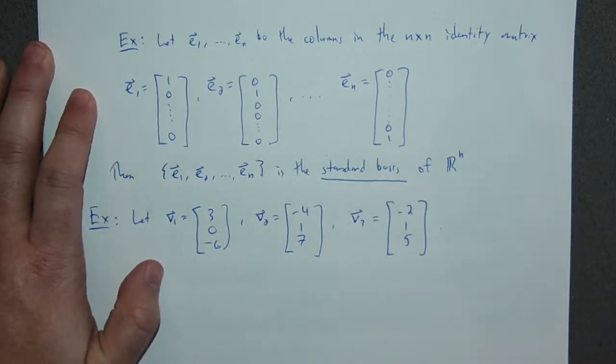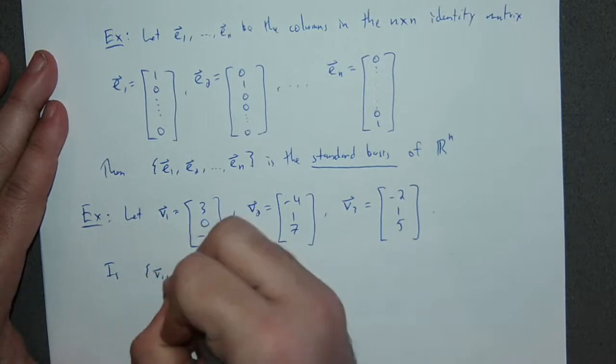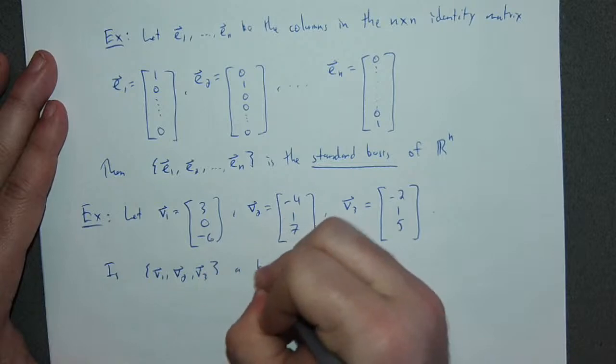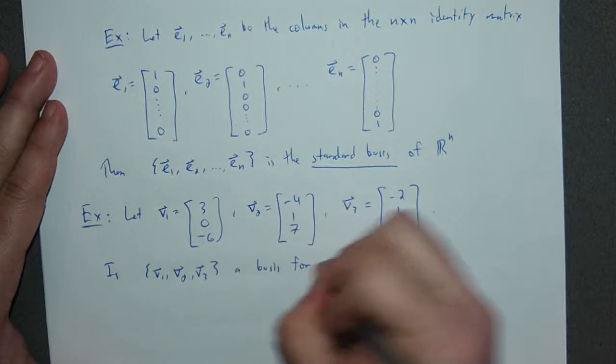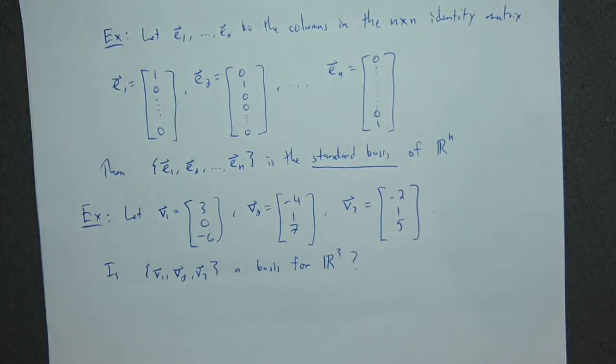Okay. So is the set v1, v2, v3 a basis for R3? So what do I do?